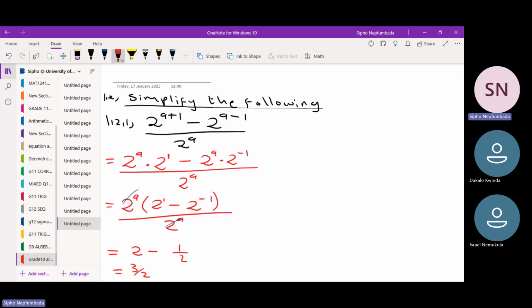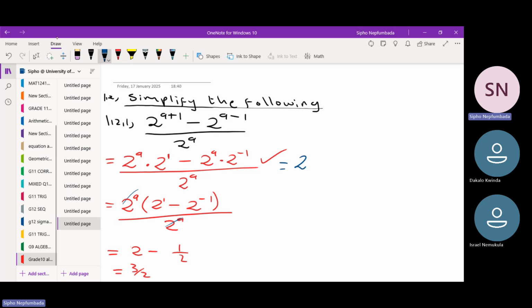So is there any question? Oh, rather this is a common factor. You divide each term by the common factor.